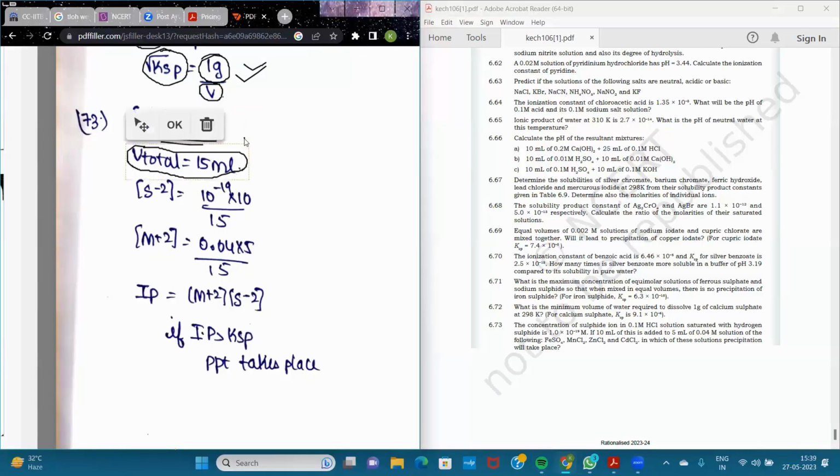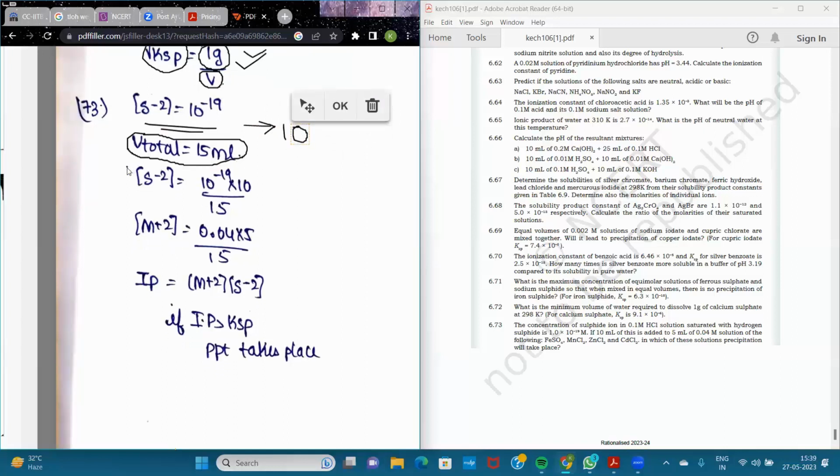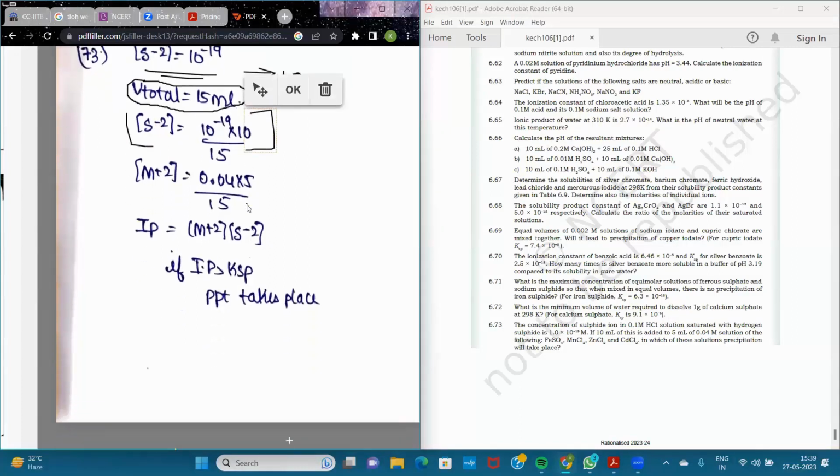Here, this concentration of S minus 2 is for 10 ml. So we need to find the concentration of S minus 2 for 15 ml. Therefore, the concentration of S minus 2 is 10 power minus 19 into 10 by 15. And if we consider the metal ion concentration, it is 0.04. That concentration is for 5 ml.